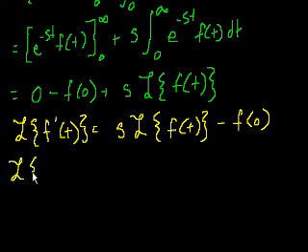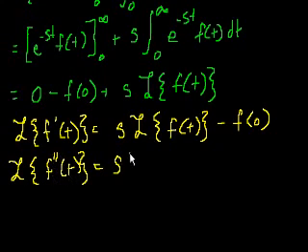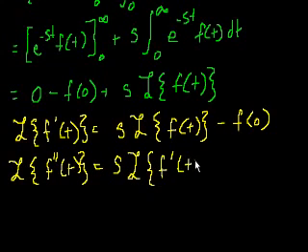What is the Laplace transform of f prime prime of t? Well, we could do a little pattern matching here, right? That's going to be s times the Laplace transform of its antiderivative, the Laplace transform of f prime of t, minus f prime of 0, right? This goes to this, that's one antiderivative. But then what's the Laplace transform of this?